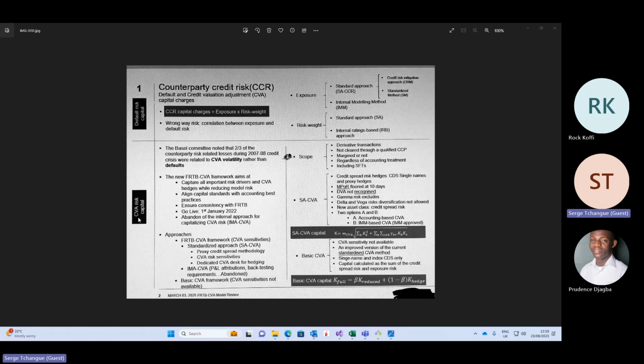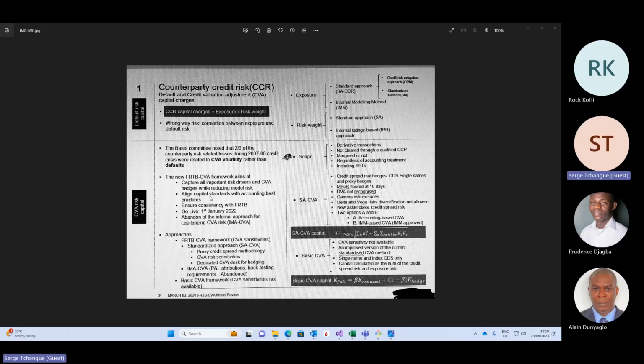Now, if you go to the CVA risk, this is after the crisis, they added more capital. FRTB CVA goes live in January 2022. And this is the scope.